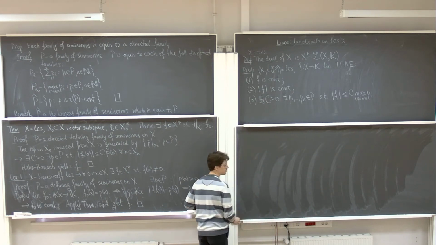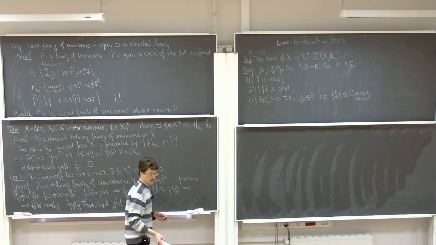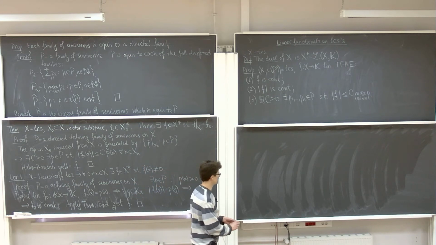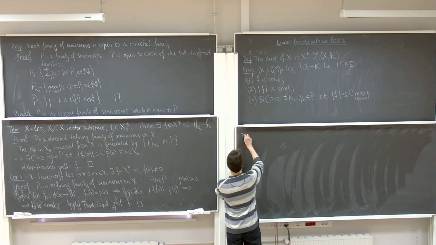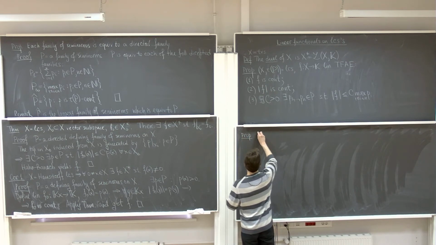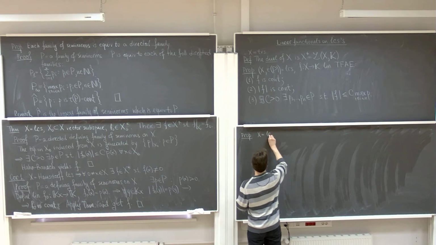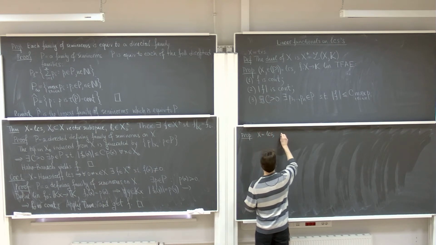We can slightly generalize this corollary. Before we do it, let's briefly discuss quotients of locally convex spaces. So we have the following proposition. Suppose that X is a locally convex space and that X0 is a vector subspace.